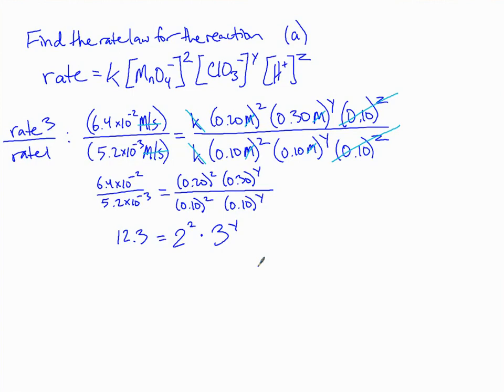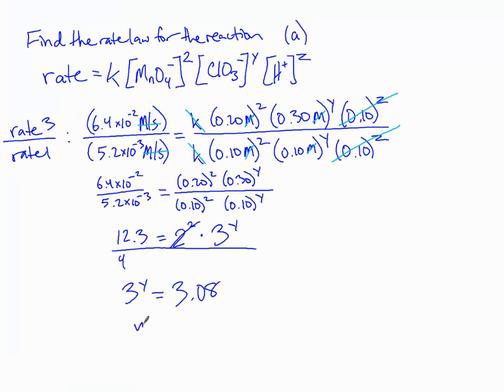We want to get 3 to the y by itself, so we'll divide both sides by 2 to the second power, or 4. And so we find that 3 to the y power equals 3.08. So we want to figure out what y is, and this is really close.